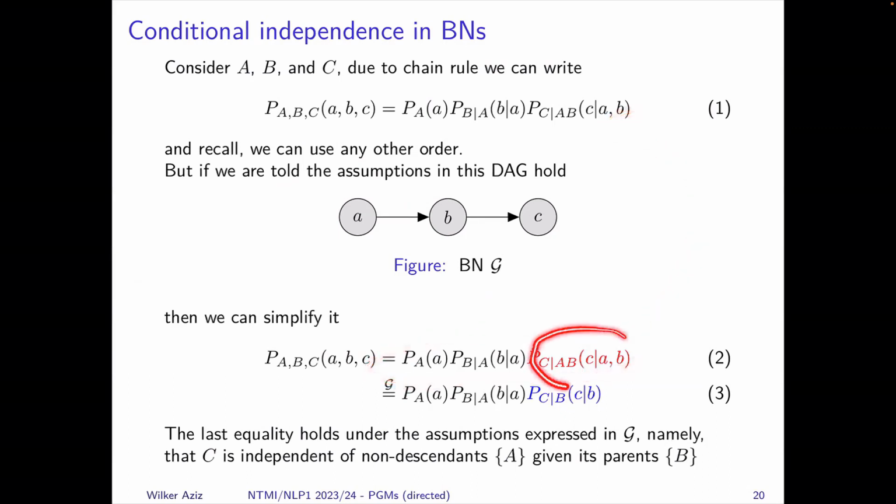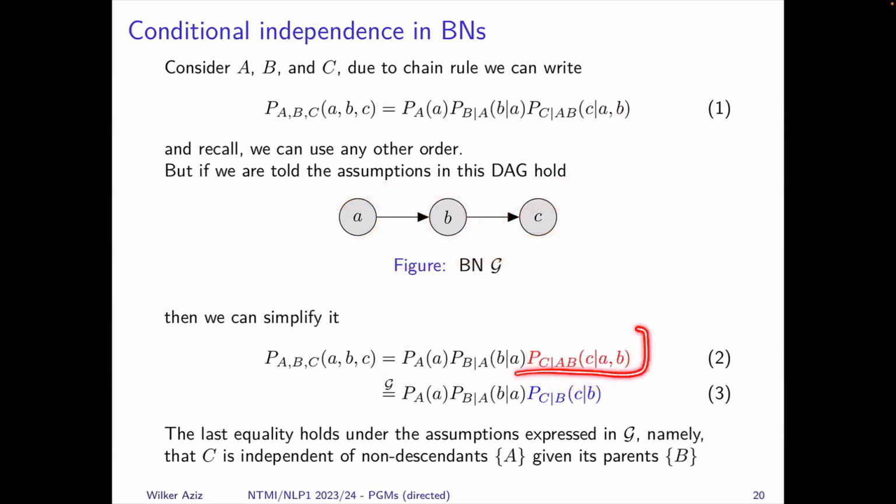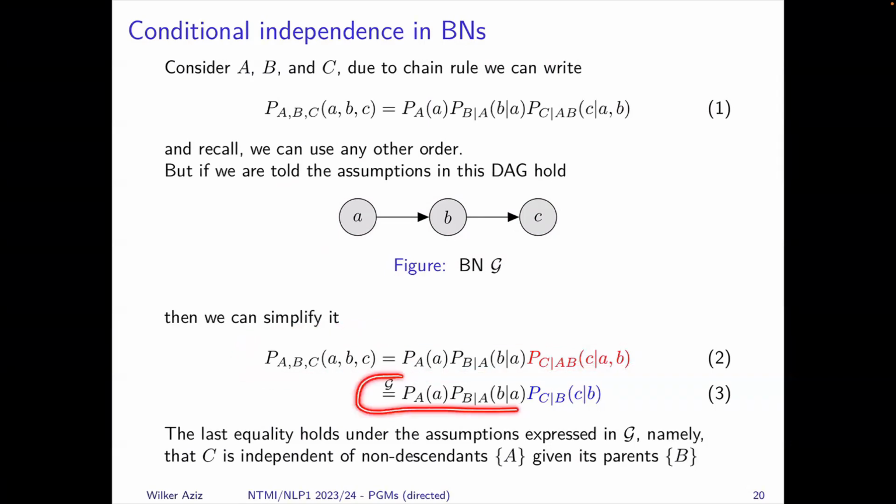And I highlight here that this DAG tells me that C is independent of A given B. So this factor simplifies to this factor. Now, whereas the first thing here is an identity no matter what, the second step is only licensed by assumption, by assuming that G holds.